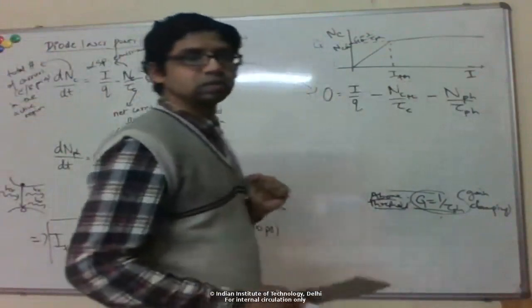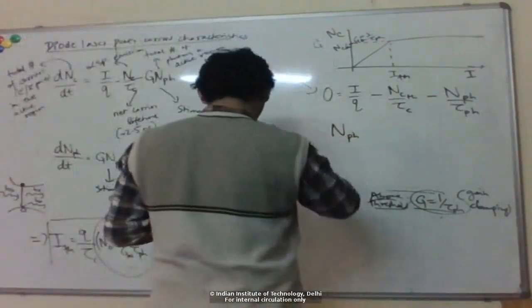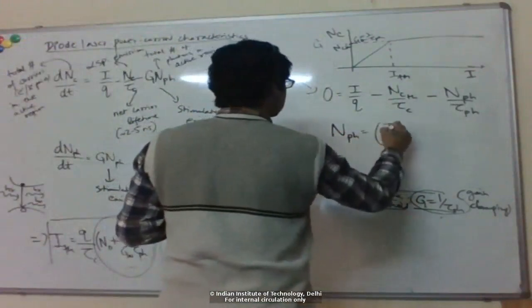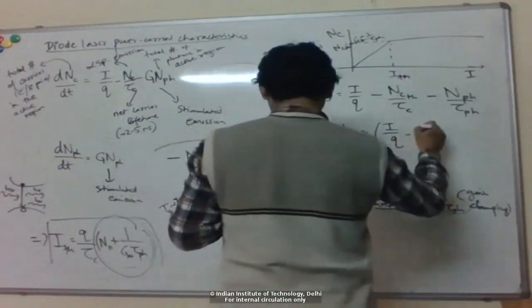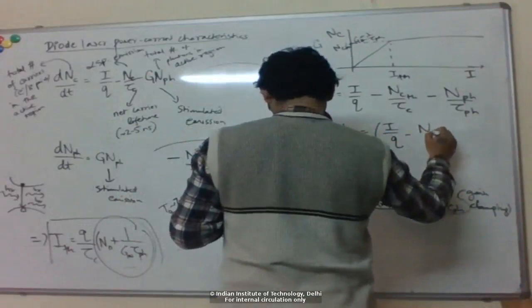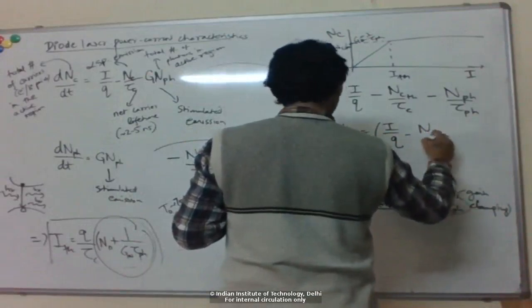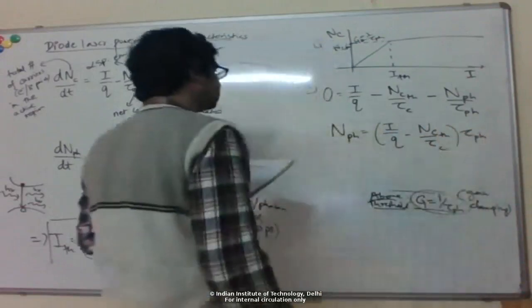Everything else is constant. This is what I'm looking for: the optical power versus the input current.